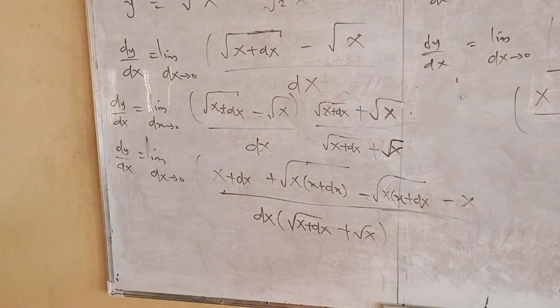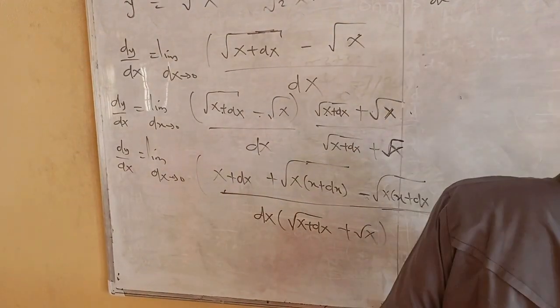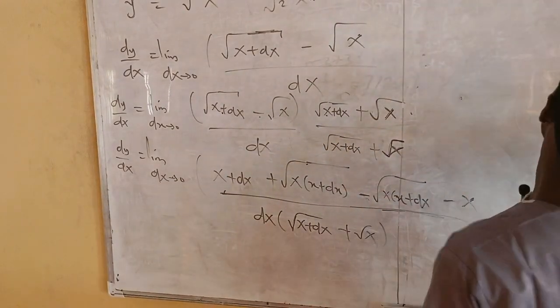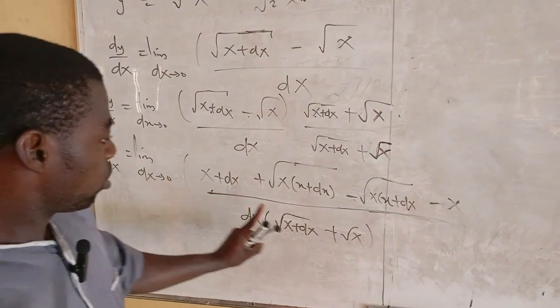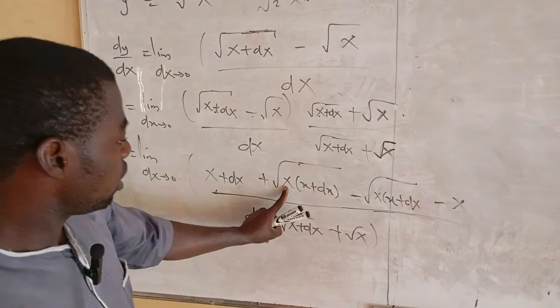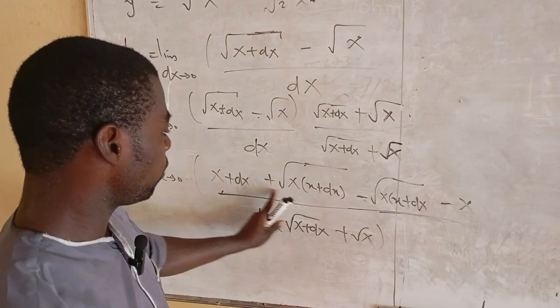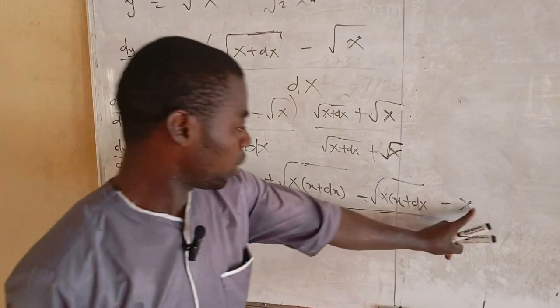Okay, so what's the next step? This minus this will give us 0, because they are the same thing but with different sign. So we are left with x plus dx minus x.